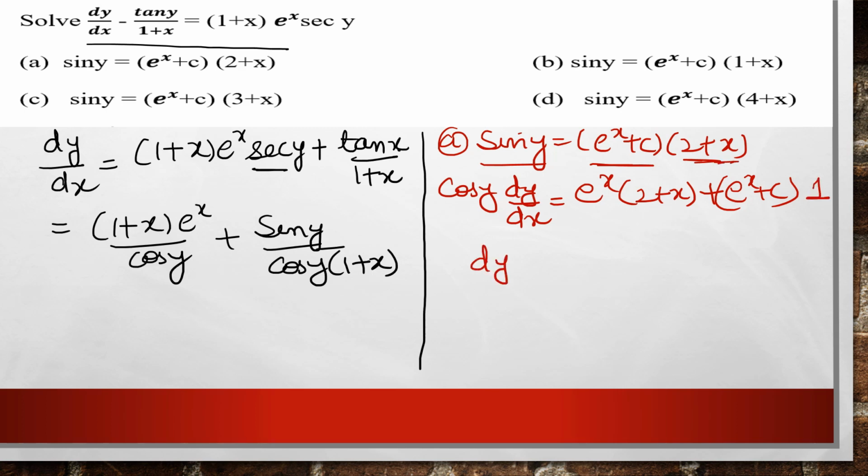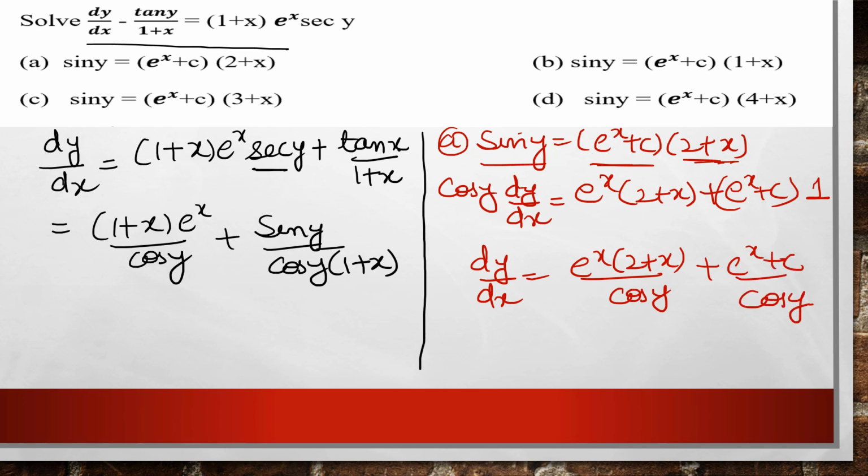Okay, so dy over dx will be equal to e power x times 2 plus x over cos y plus e power x plus c over cos y. Now if I place sin y as this, will you get the same thing? Let's check.